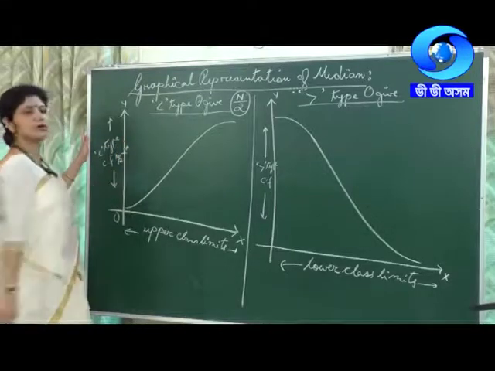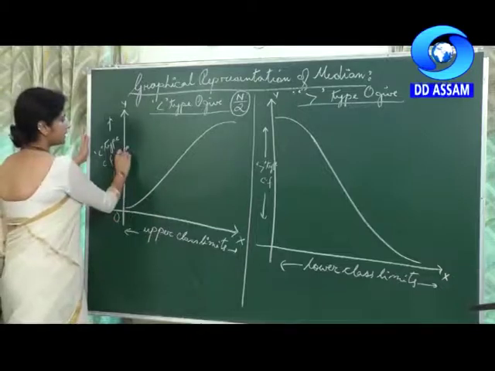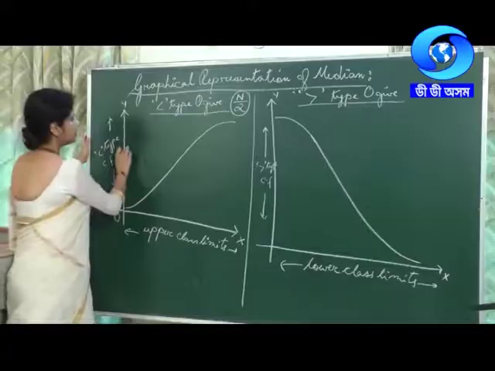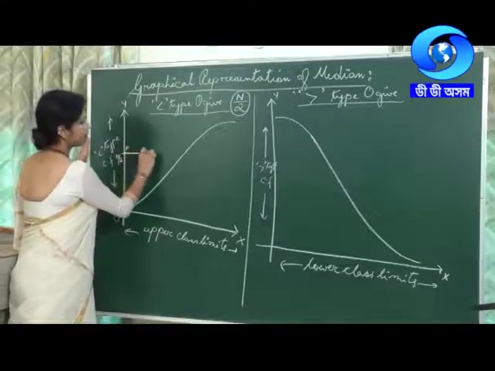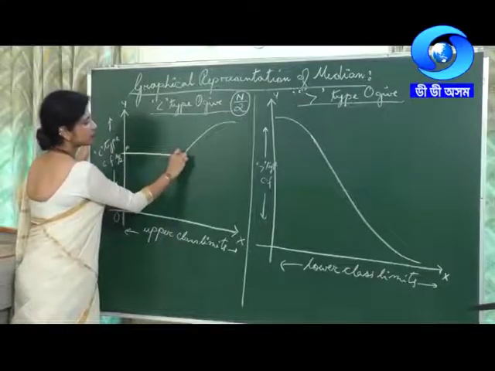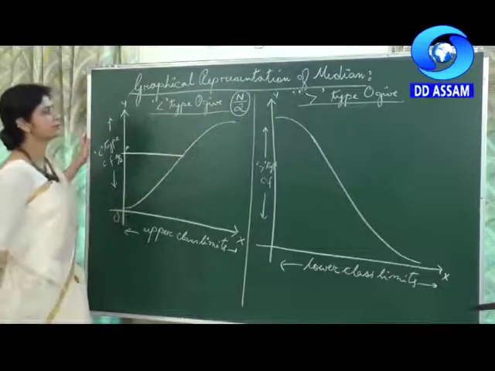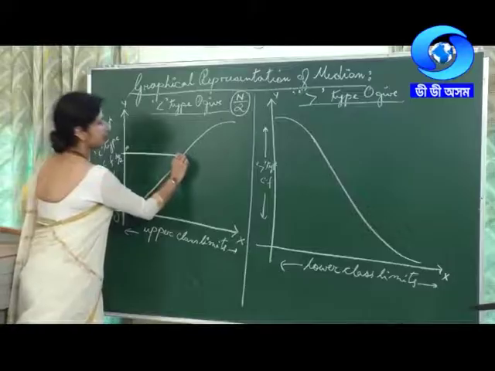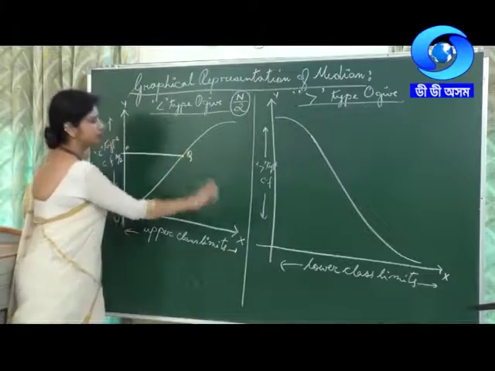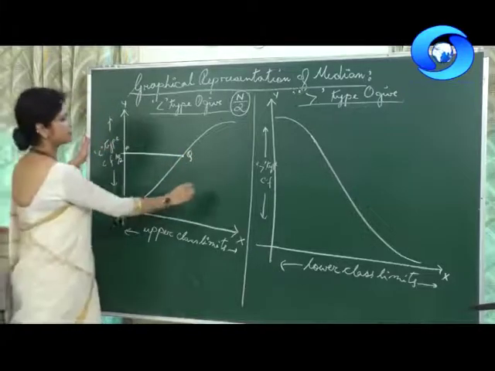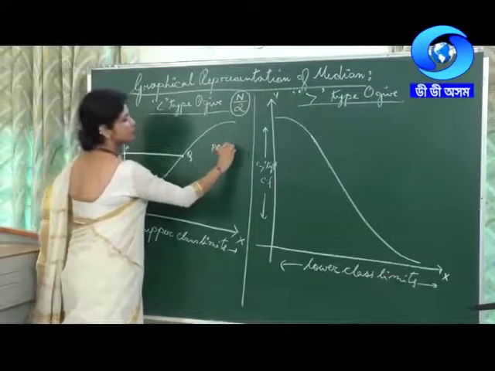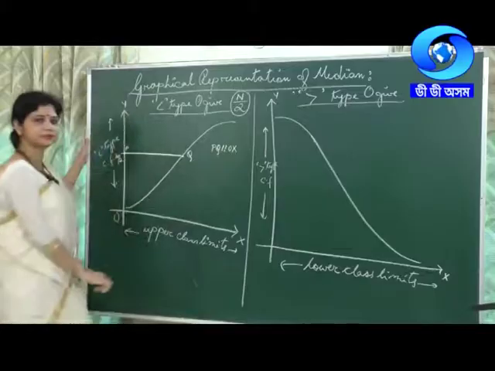Alright, supposing this is point P. From the point P, which corresponds to the value n by 2, we draw a line parallel to the x-axis which meets the less than type ogive at some point, say Q. That is, we are drawing PQ parallel to the x-axis.